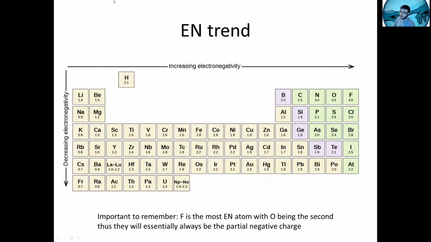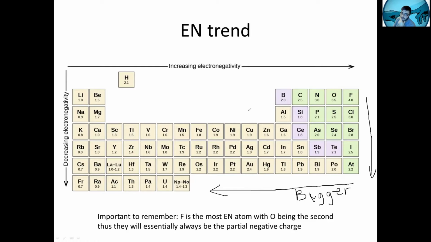And again, remembering by size, I'll actually just write here. Things going down get bigger, and then also going left is also bigger. So down left is the biggest, right?